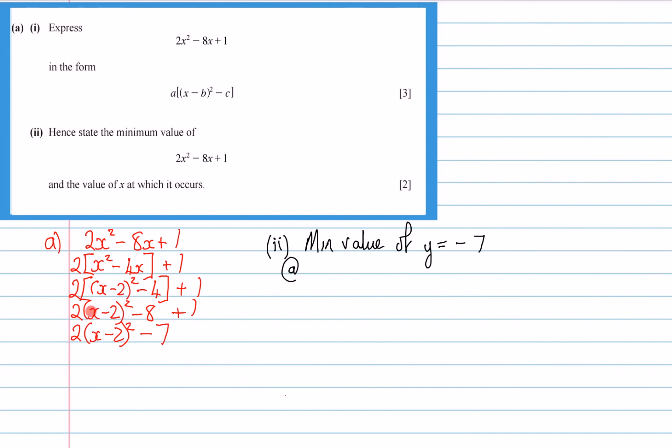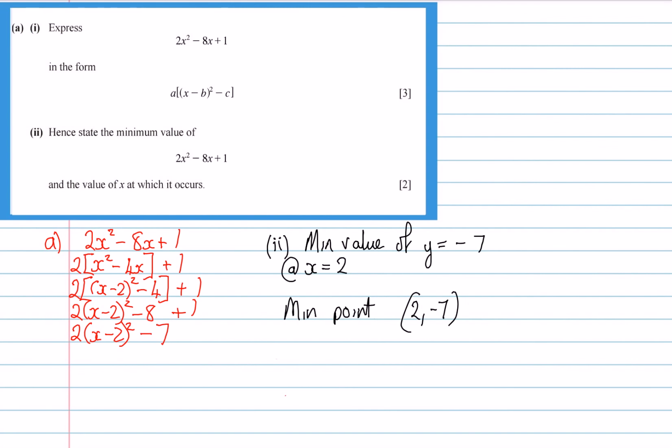So what value of x is going to make this equal to 0? Well, x equal to 2. So the minimum point is going to be 2, minus 7.